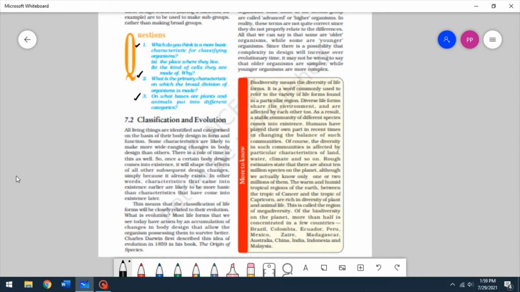In other words, characteristics that come into existence earlier are likely to be more basic than characteristics that have come into existence later. If you take the example of the evolution of humans, alright, there is a scientific theory that humans developed from apes, right? So the characteristics of apes are already present in us, but what made us human, our ability to speak, our ability to walk on two legs, our brain developed, right?